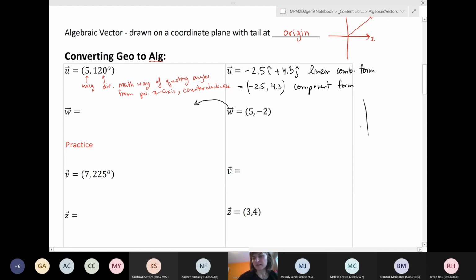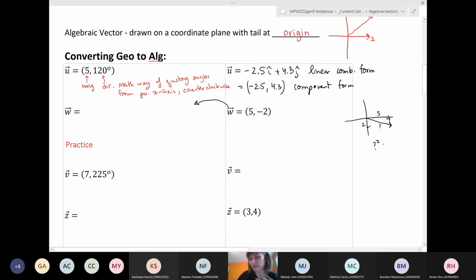Well, you would think about it as if you were to draw this. We already had it drawn as 5 over, 2 down, right? So 5 over this way, 2 down this way. We want to convert to the magnitude and the angle. So how do we do that? Magnitude is going to be found by Pythagorean theorem. And so you'll have to find this question mark.